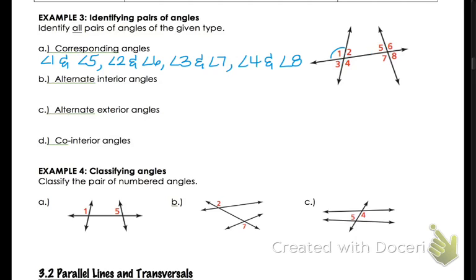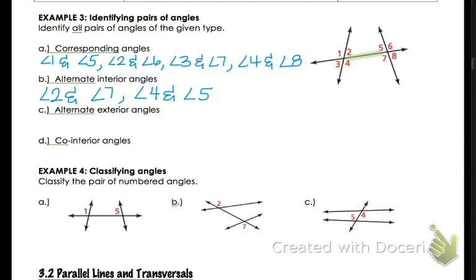Alternate interiors, we're going to find along the transversal here in between the lines, and they're going to zigzag back and forth. So it would be angle 2 and angle 7, and then it would be angle 4 and angle 5.